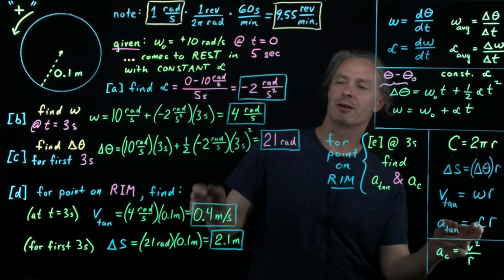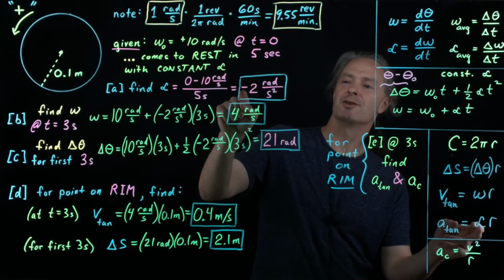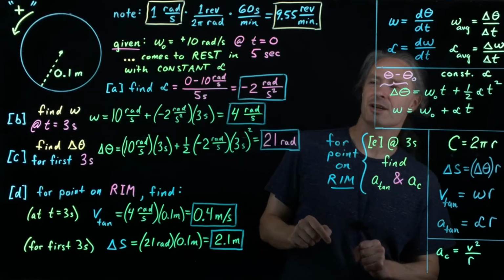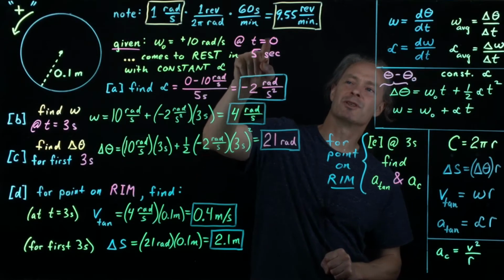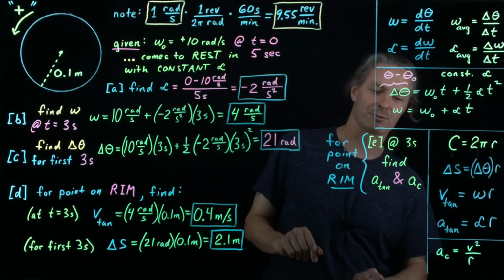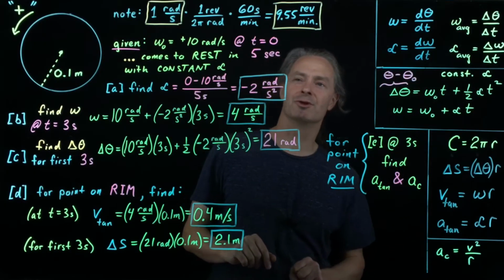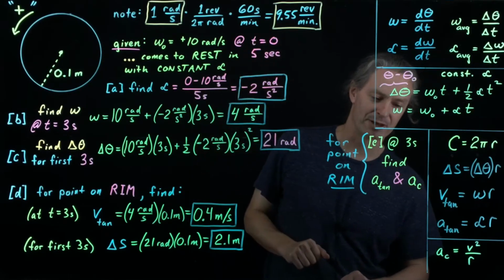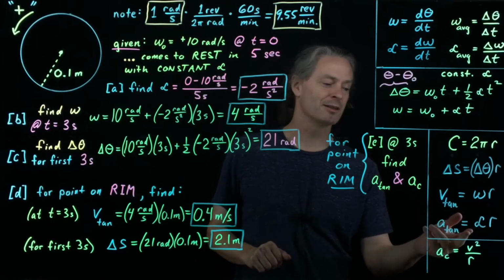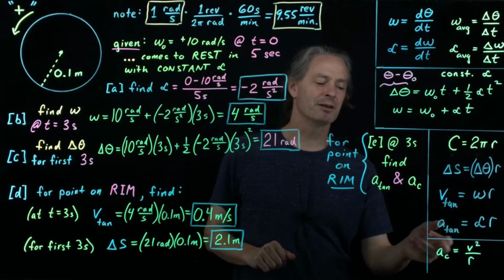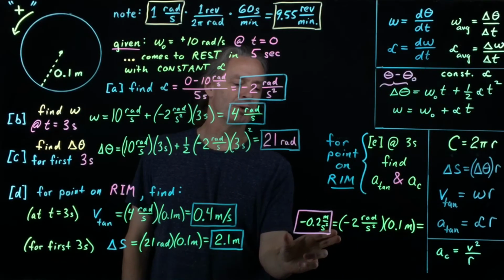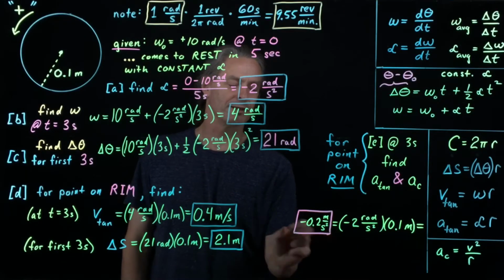The angular acceleration is minus 2 radians per second squared. And that's not just at t equals 3 seconds. That's for any time between t equals 0 and t equals 5 seconds. So the tangential acceleration we'll actually be finding not just for t equals 3 seconds, but for this full time interval. All right, so negative 2 radians per second squared multiplied by 0.1 meter gives us negative 0.2 meters per second squared.